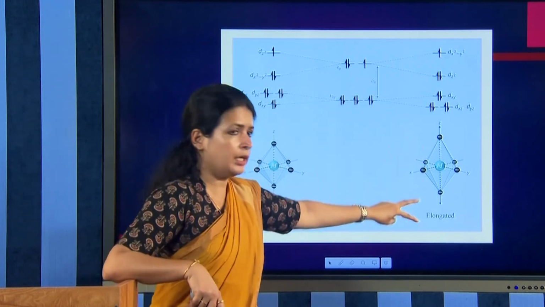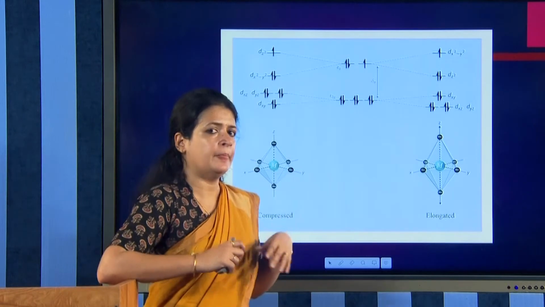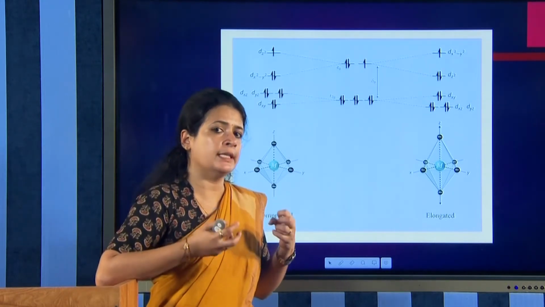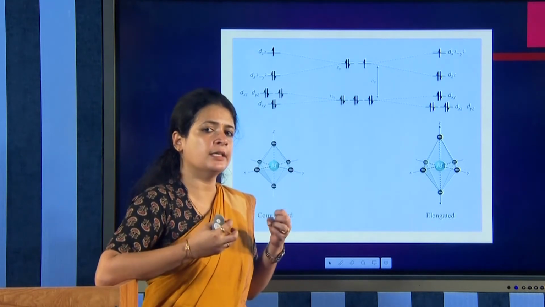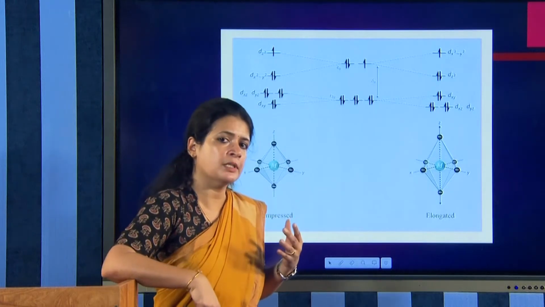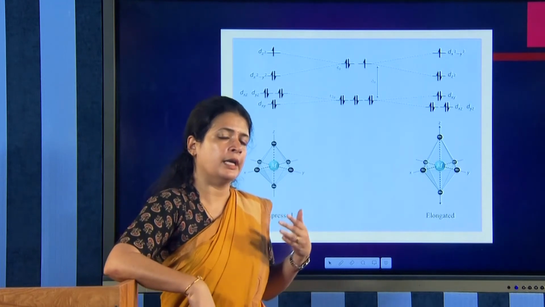And when it is tetragonally elongated, what will happen? The orbitals lying along the z axis will have a lower repulsion, or the energy will be decreased in the case of the d orbitals lying along the z axis. Which are the d orbitals connected to the z axis?